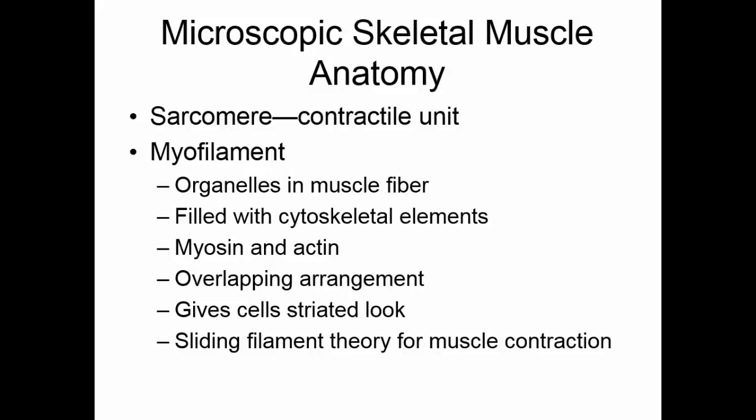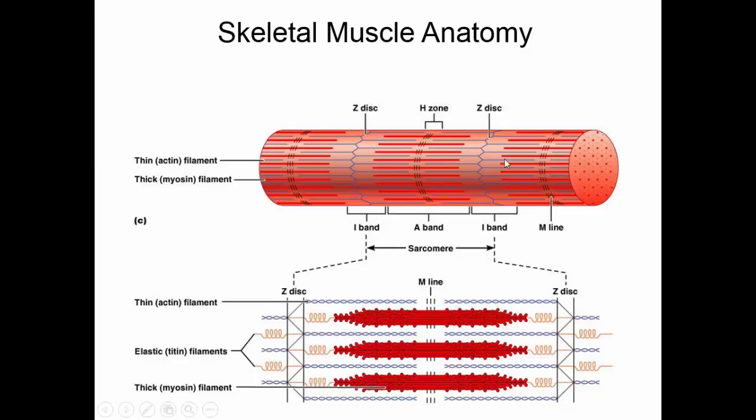So here we see a part of a muscle cell, a myofibril out of a muscle cell, and a sarcomere runs from Z disc to Z disc. Now the actin filaments, the thin filaments, are attached to each Z disc. The myosin filaments, or the thick filaments, are held here at the M line.